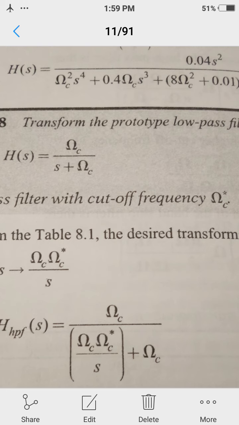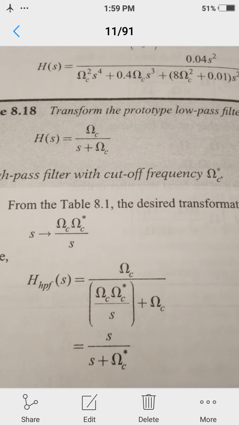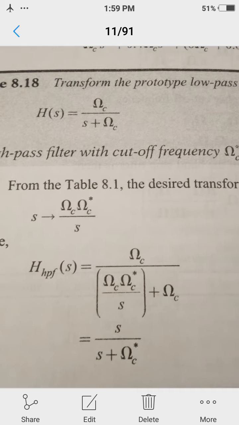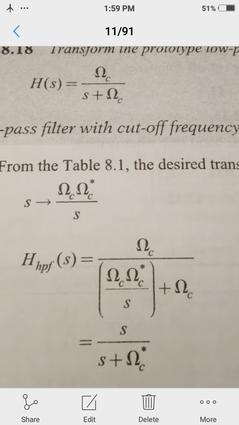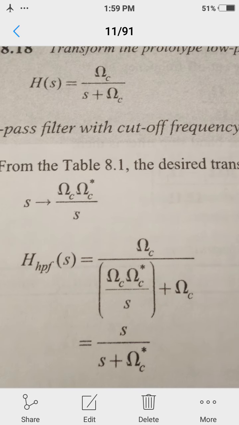Another question: transform the prototype low pass filter with the system function H(s) equal to Ωc/(s + Ωc) to a high pass filter with cutoff frequency Ωc'. From that table we have just seen, in this case the required frequency transformation is s equal to Ωc'/s.